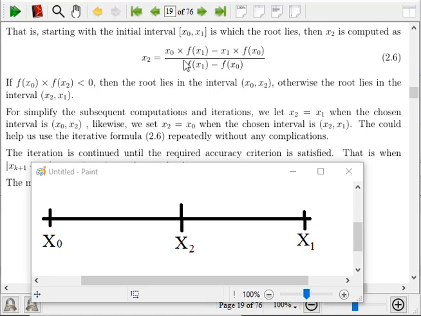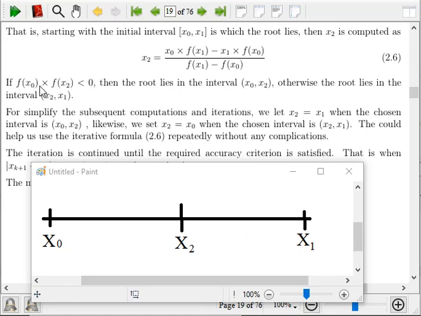But again, as we explained using the AB case, if f(x0) times f(x2) is less than 0, then the root lies within this interval. Otherwise, when it's greater than 0, the root lies in the other interval.